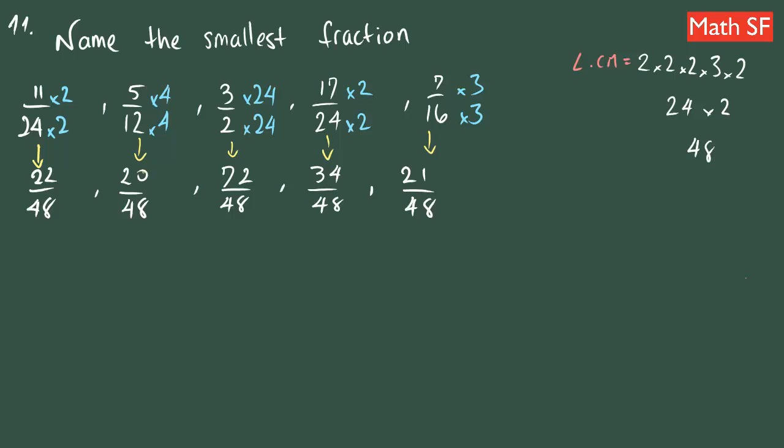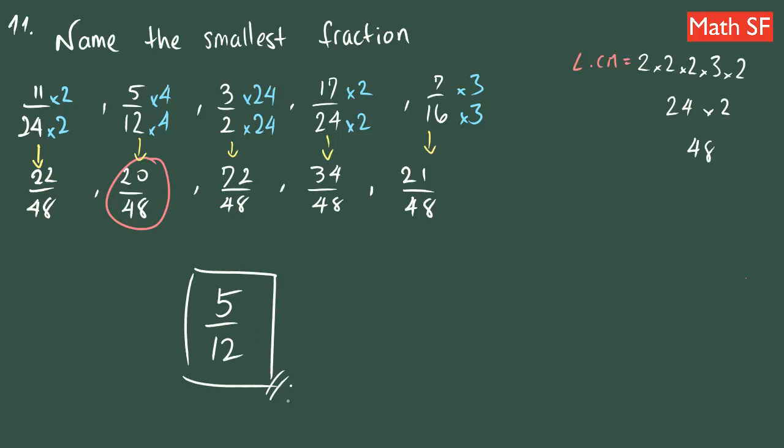We can clearly see that 20 is the smallest one. Therefore, the fraction that was equivalent to the 5 over 12 is the smallest fraction of all. So 5 over 12 should be the smallest fraction.